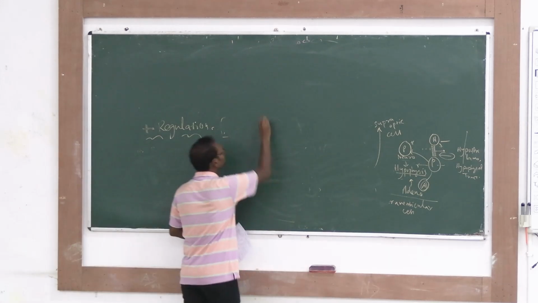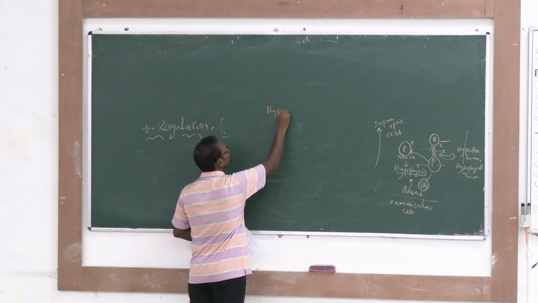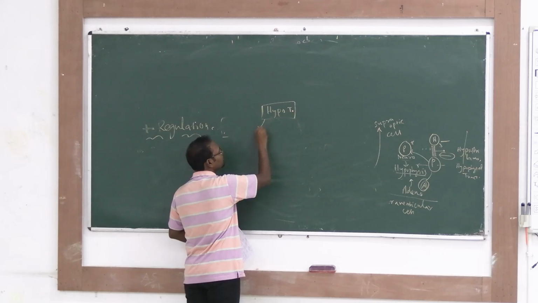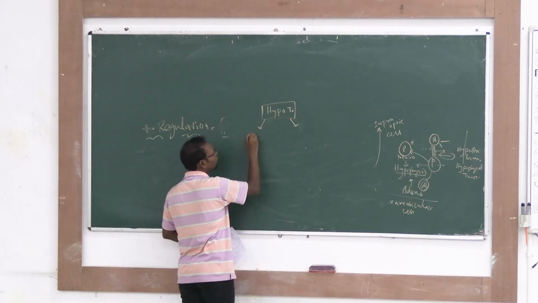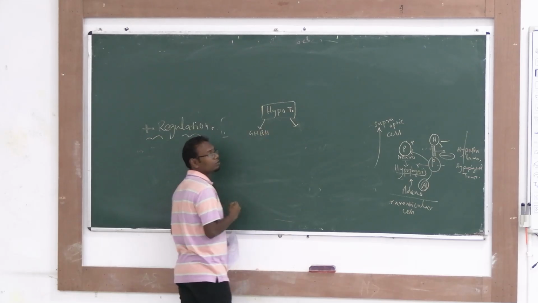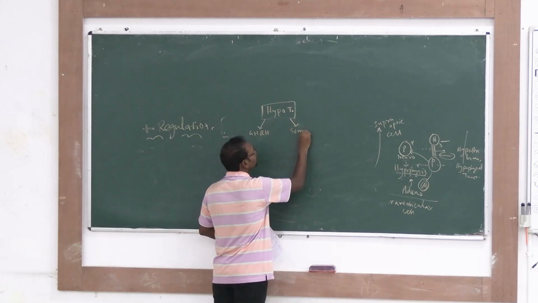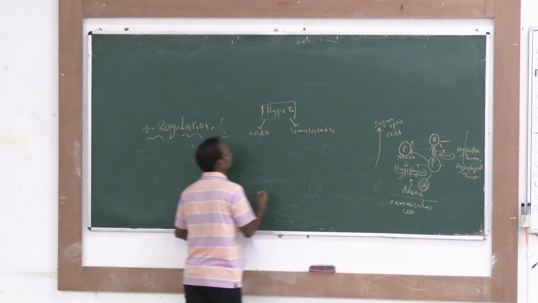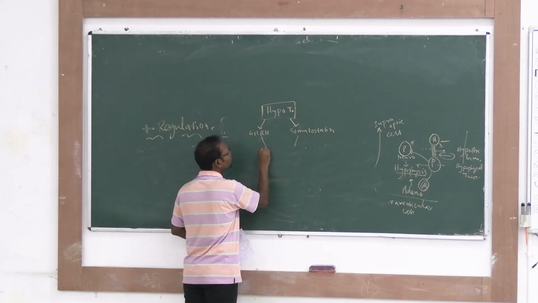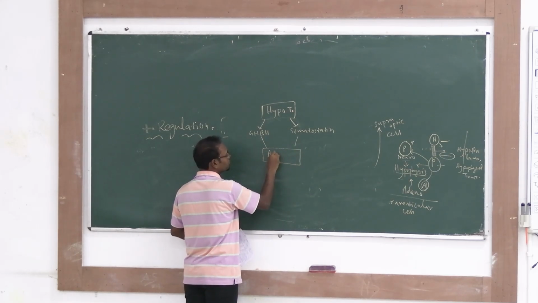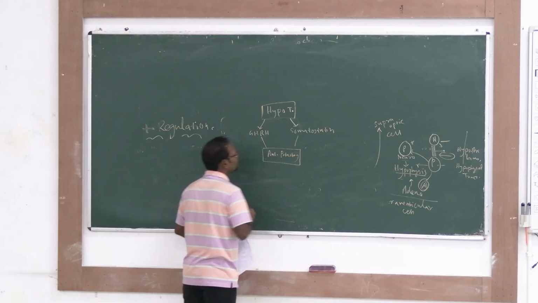Then from the hypothalamus, two things are released: one is growth hormone releasing hormone, and the other is somatostatin. Okay, so they both are coming into the anterior pituitary.